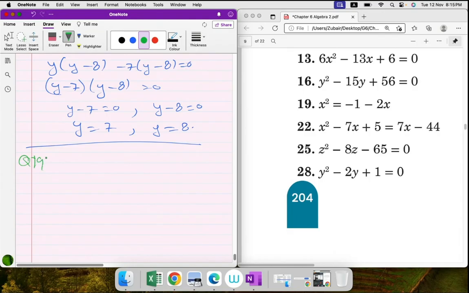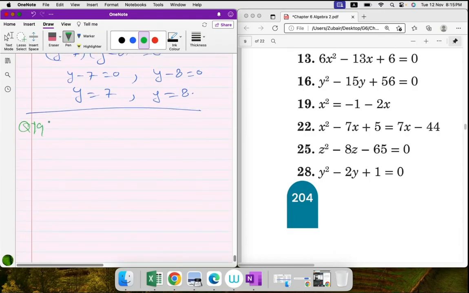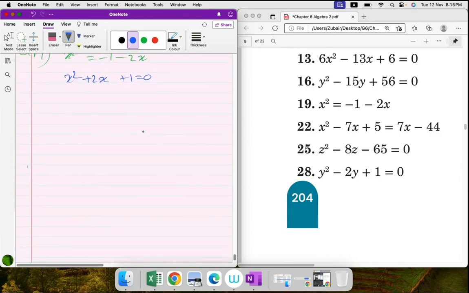Question number 19. x square is equal to minus 1 minus 2x. We always rearrange them first, makes it easy to understand. Now multiplying these two, that is going to stay as x.